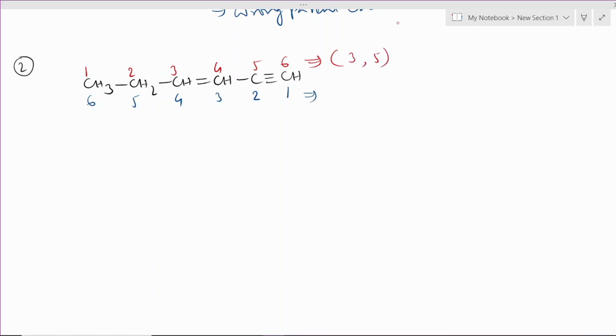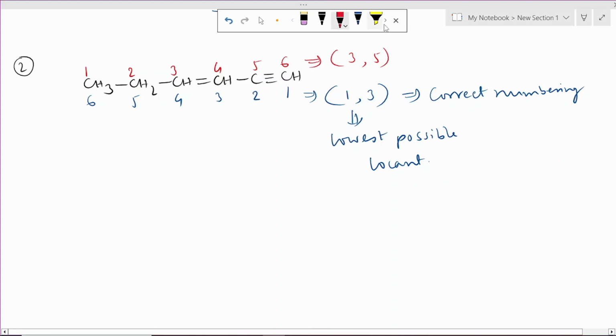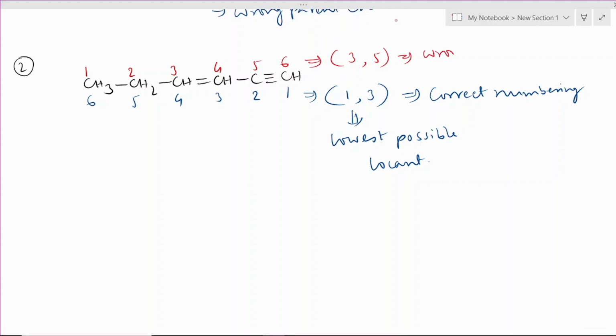In this way of numbering, the locants of the multiple bonds are 1 and 3. Between 3,5 and 1,3, the lowest possible locant is 1,3. So it will be the correct numbering, and the other will be the wrong numbering.